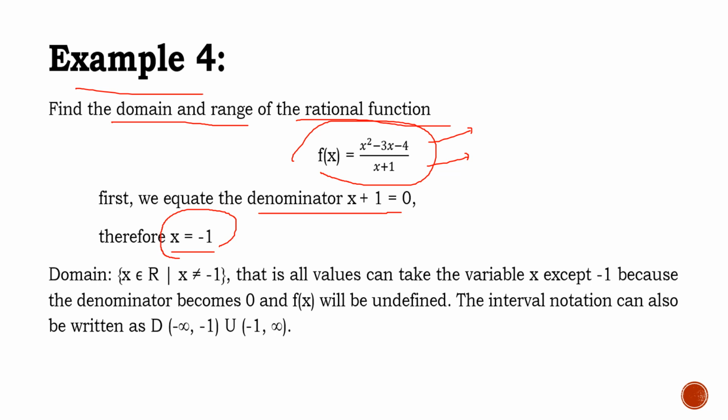That's why we exclude negative 1 from the possible values of x in the domain of the given rational function.